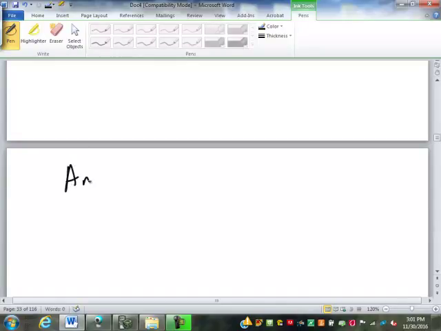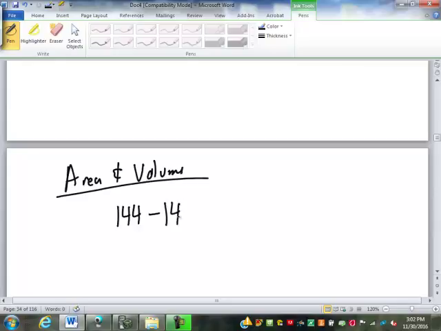There's an area and volume packet that I'll have you guys work on a little bit for Friday. And in there, there's pages 144 through 147. And that's going to be dealing with triangles, rectangles, parallelograms, and stuff like that.